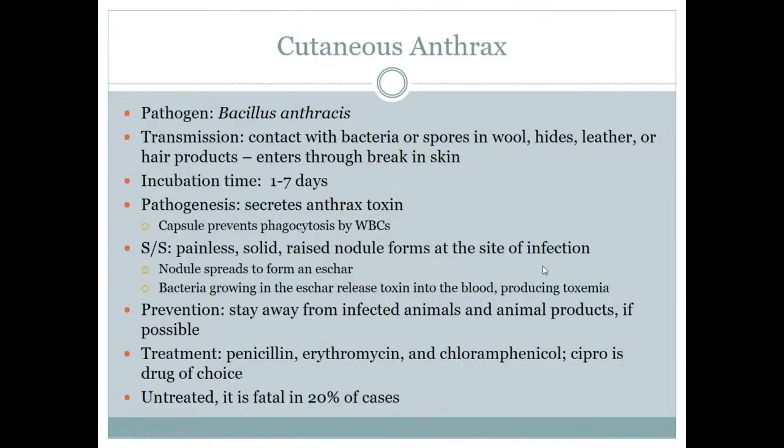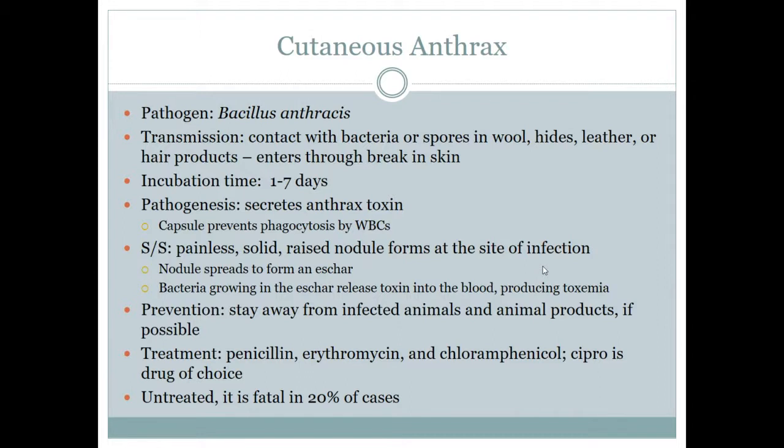And one of the manifestations of anthrax is called cutaneous anthrax. And this enters through a break in the skin. Typically, this is going to occur in individuals who work around animals, sheep, or cows, horses.